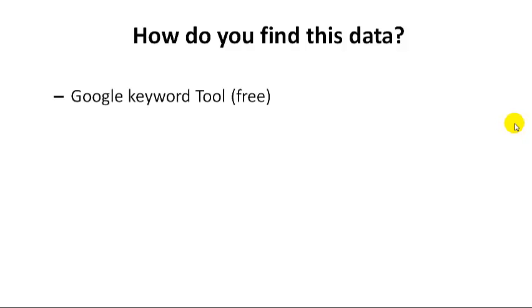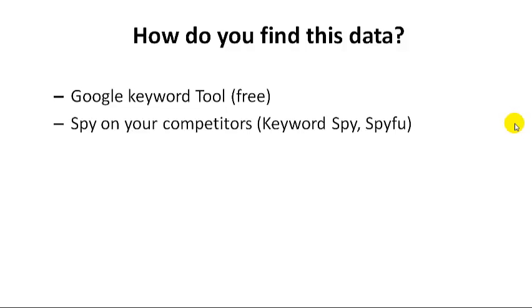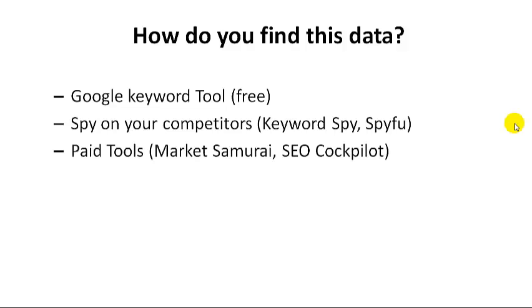Well, you can use several tools. We're going to be using a Google keyword tool, which is free. Another cool strategy is you can figure out what keywords to rank on by spying on your competitors, using tools such as keywordspy.com and spyfoo.com. There are other paid keyword tools like Market Samurai and SEO Copilot and so forth.